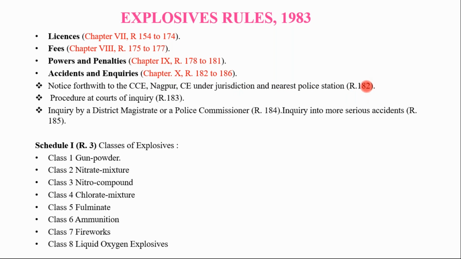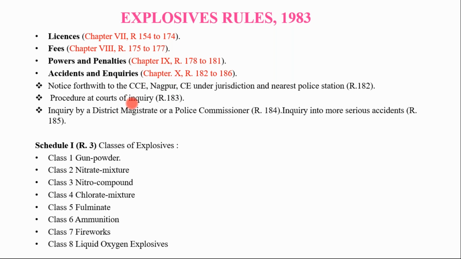182 is related to the notice forthwith to the CCE Nagpur, the officer under jurisdiction and the nearest police station. The main controlling authority or the main competent person is the Chief Controller of Explosives, which is placed at Nagpur.